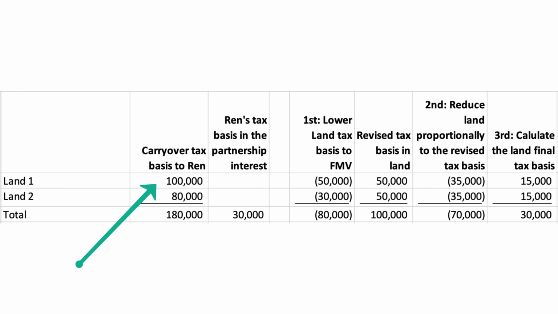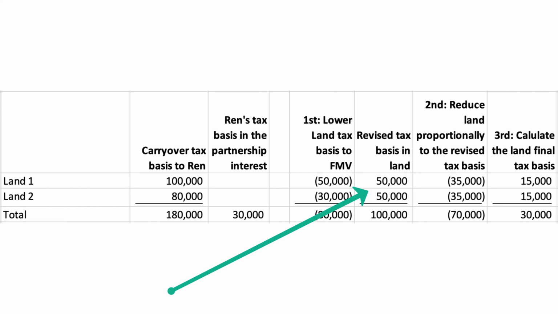Carryover tax basis of Land 1 is $100,000. Carryover tax basis of Land 2 is $80,000. That's $180,000 in total. Wren only has $30,000 of tax basis in his partnership interest, so $30,000 is the maximum tax basis Wren can have in the land.